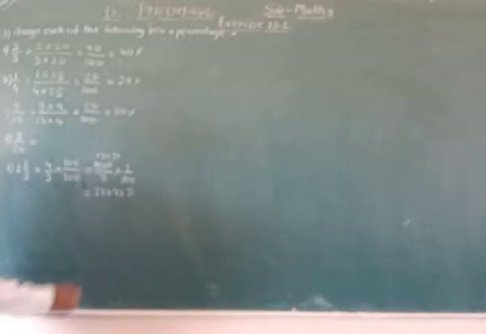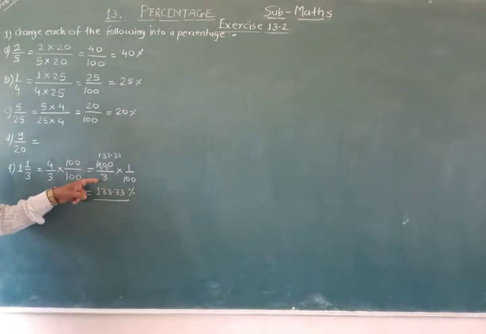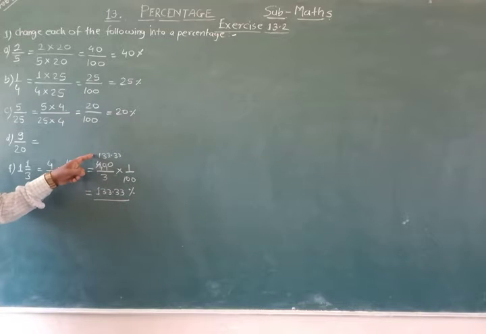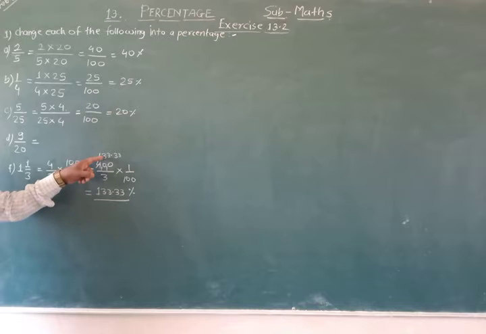So you write directly here 400 divided by 3. 3 1s are 3, 4 minus 3, 1 remains. On 1 you write 0, making 10. 10 is not present in 3's table, but 3 3s are 9, so write 3 and 10 minus 9 is again 1.